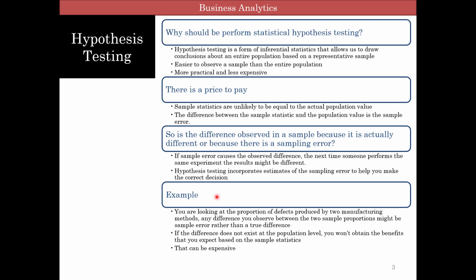Any difference you observe between two sample proportions might be due to sampling error rather than a true difference. If the difference does not exist at the population level, you won't obtain the benefits you expect from the sample statistics. And this can be really expensive if you make this mistake.